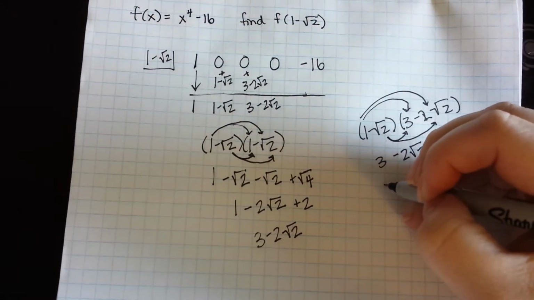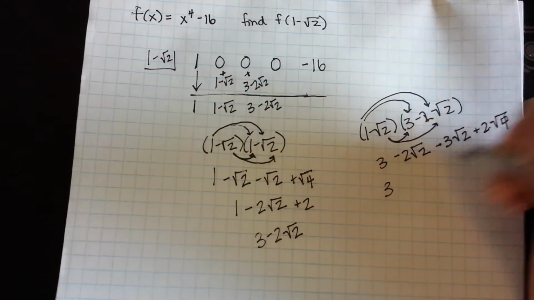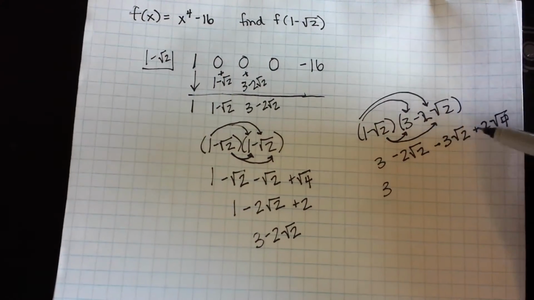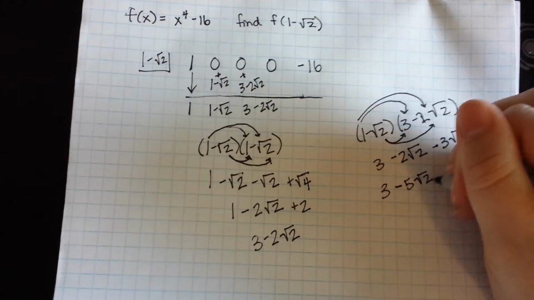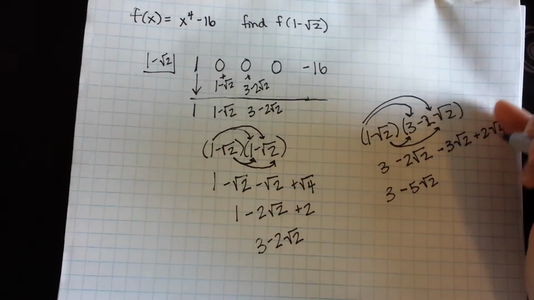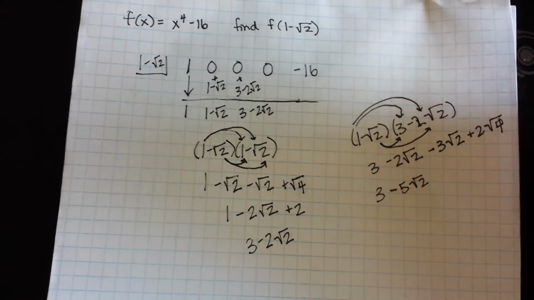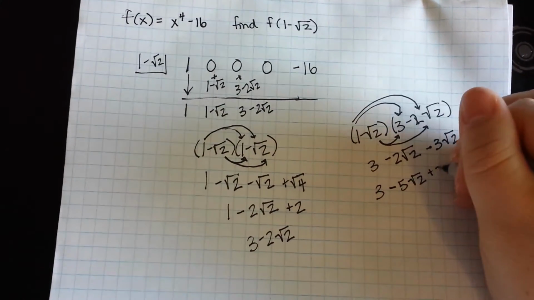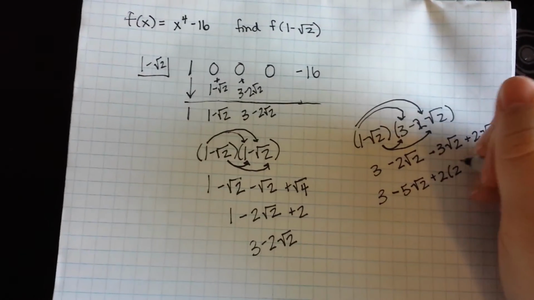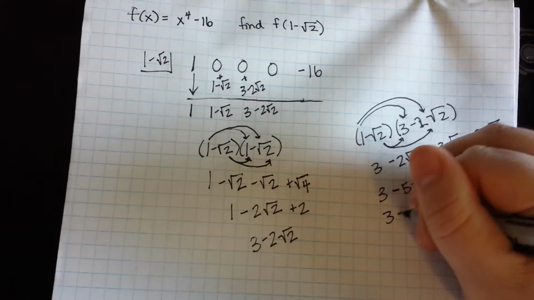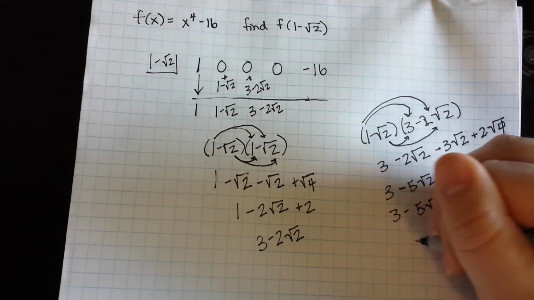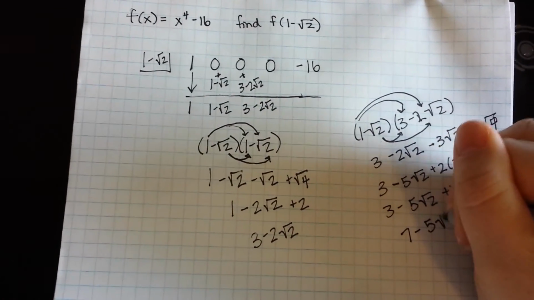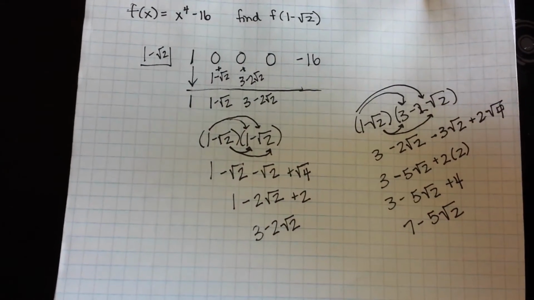So let's combine like terms and simplify. I have 3. And then I have negative 2 square root of 2 and negative 3 square root of 2. That's negative 5 square roots of 2. And then over here I have 2 times the square root of 4. So that's plus 2 times 2, the square root of 4 is 2. Or 3 minus 5 square roots of 2 plus 4. Or 7 minus 5 square roots of 2.